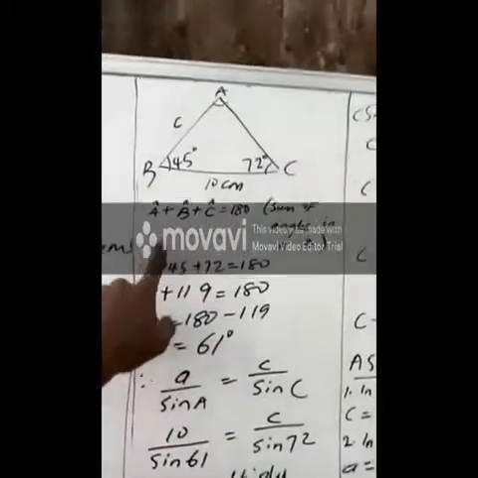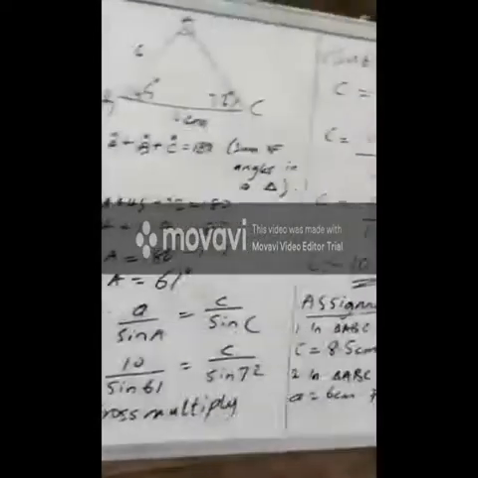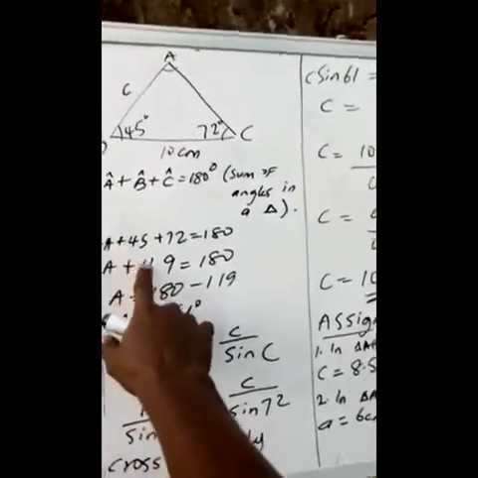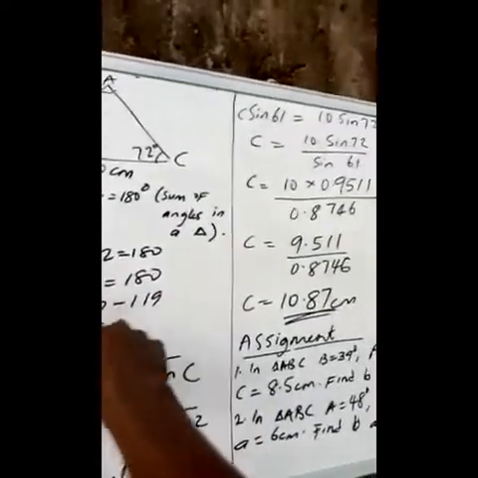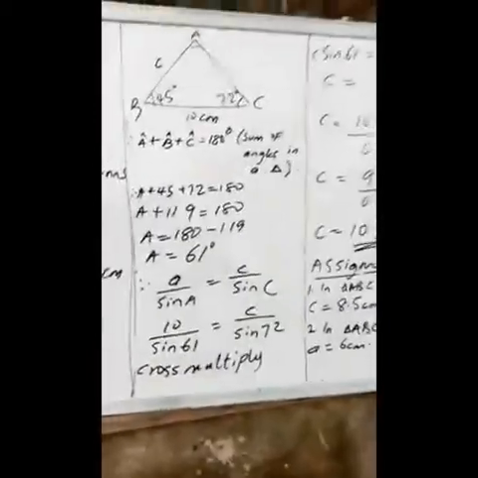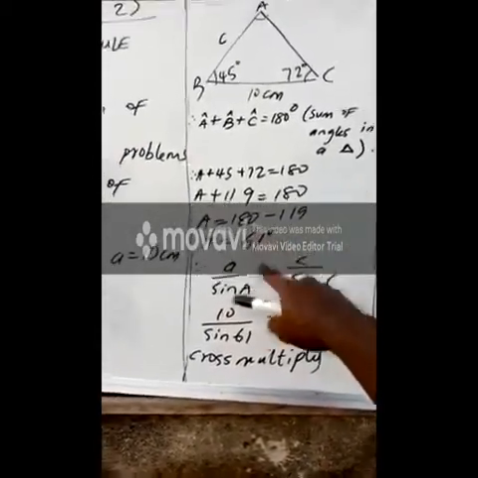That means A plus B plus C will give us 180 degrees. What is A? We don't know. Angle B is 45, angle C is 72. Summing them together, we have 117, so A plus 117 is equal to 180 degrees, which means A is 180 minus 117, which gives us angle A as 63 degrees.